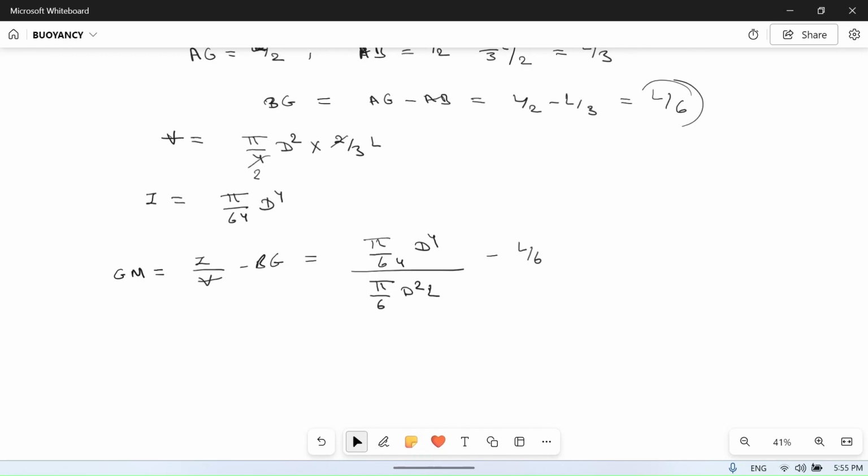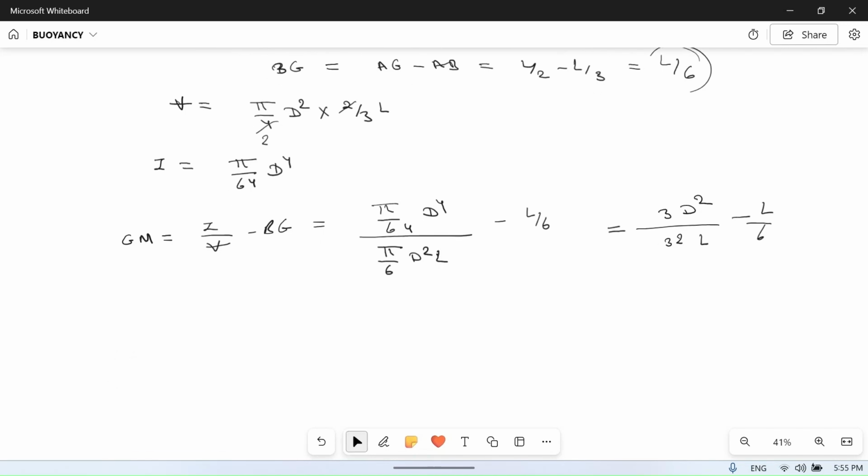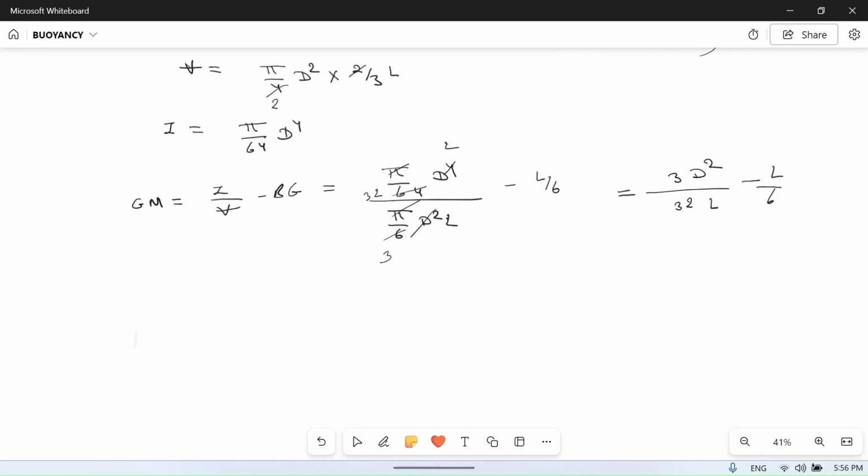So from here, if you simplify that, you will get 3d square divided by 32 L minus L by 6. Because d square will be cancelled here, where it will be 2, this will be cancelled 3, and this will be 32. So this will go upside 3, so 3 d square, pi will be cancelled with pi, 3 d square by 32 L minus L by 6.